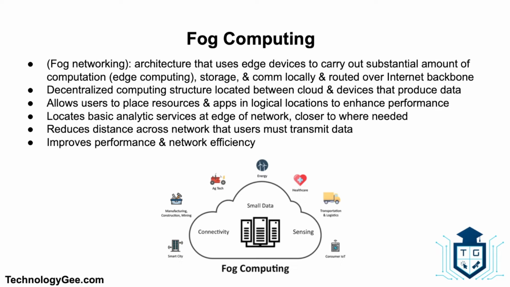This flexible structure enables users to place resources, including applications and the data they produce, in logical locations to enhance performance. The structure's goal is to locate basic analytic services at the edge of the network, closest to where they are needed. This reduces the distance across the network that users must transmit data, improving performance and overall network efficiency.